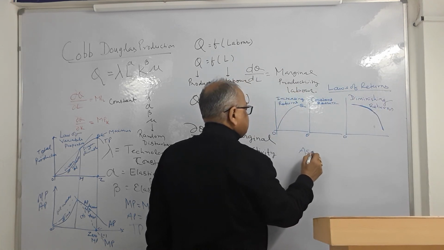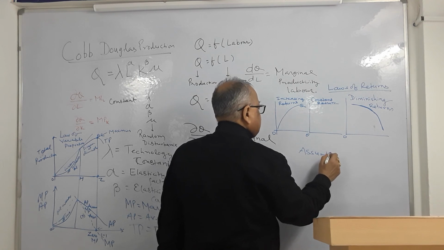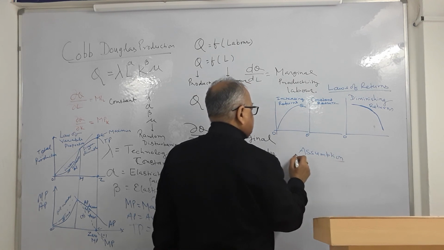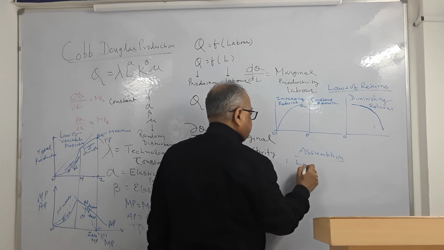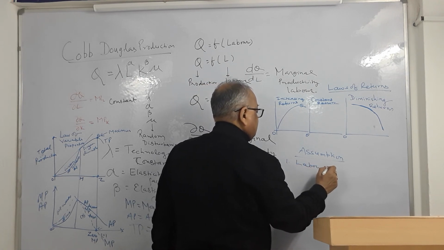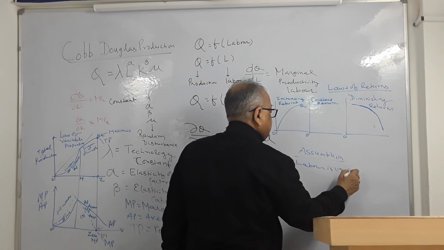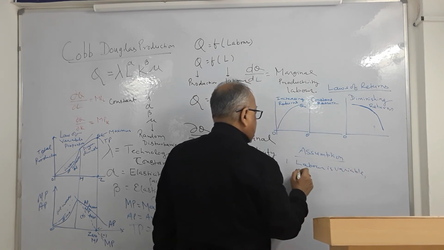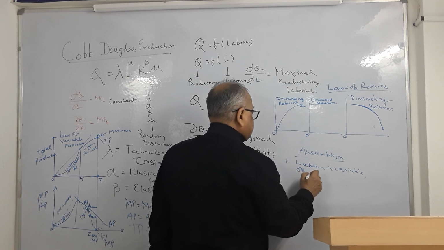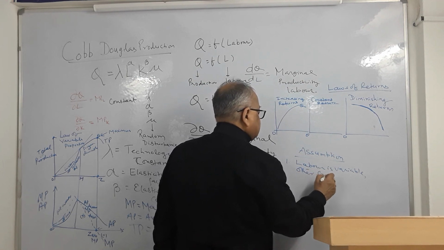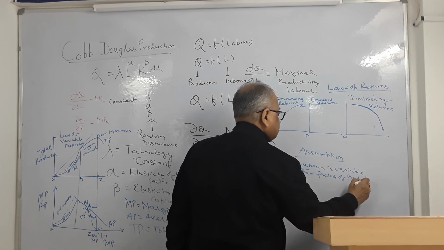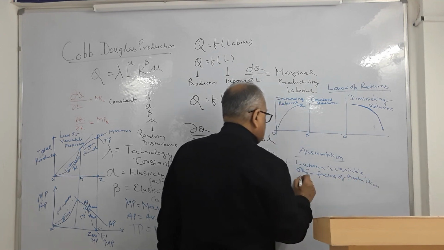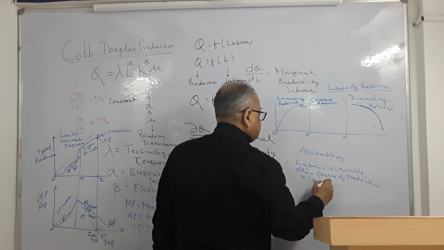What are the assumptions of the laws of returns? Number one, labor is variable, and all other factors of production are constant. This is the first assumption.